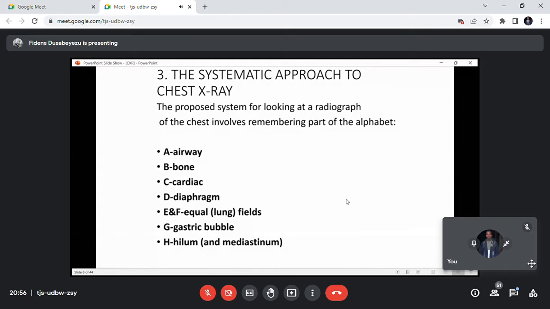We see from students when they look at the film randomly from left to right, from up, down, coming back, then down, you miss out. You should have a systematic approach. In many different books, you will find that they say use A, B, C, D, E, F, G. But in books, first of all, there is no single method.